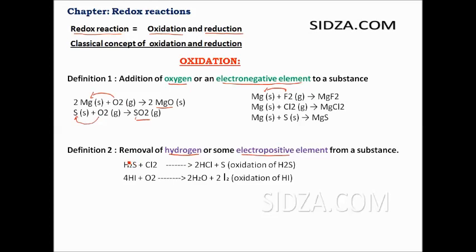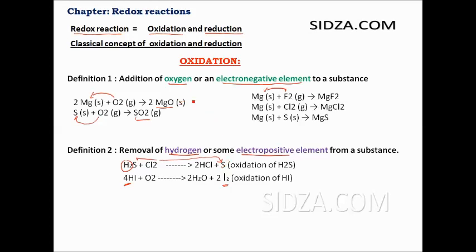If you remove the hydrogen from the H2S, the sulfur gets oxidized. Similarly, if you remove the hydrogen from HI, iodine is getting oxidized. So HI is oxidized to I2, and H2S is oxidized to sulfur.